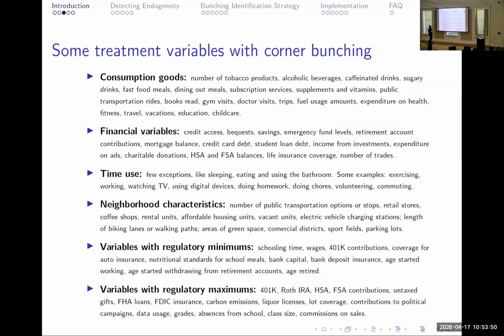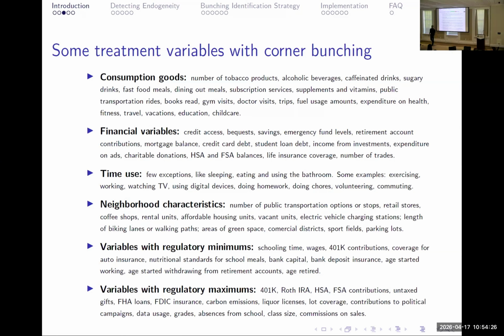For instance, consumption of lots of things, like alcoholic beverages or cigarettes, but also behavioral questions like how much time I spend on TV or on social media. Oftentimes these variables take several values, but you see a concentration at 0, a lot of people spending nothing on that. For time use, it's usually difficult not to find concentration at 0. Maybe at the bathroom and sleeping, but that's it, right? And eating, I guess. But you see a lot of concentration in numerical characteristics.